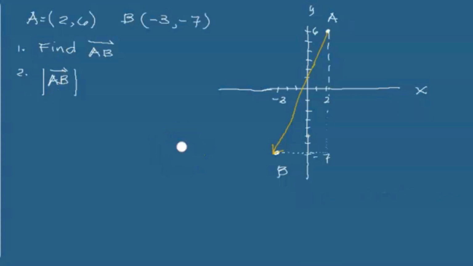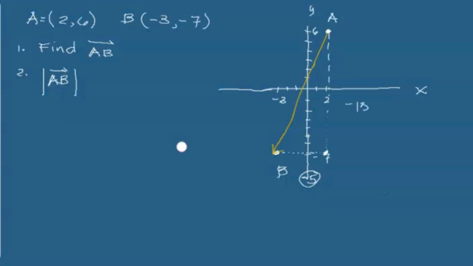So from the graph, we can see that from 2, we move 5 units to negative 3. So that's negative 5. And from 6, we move vertically down to negative 7. So that's negative 13.